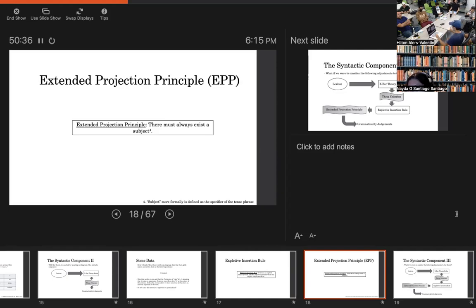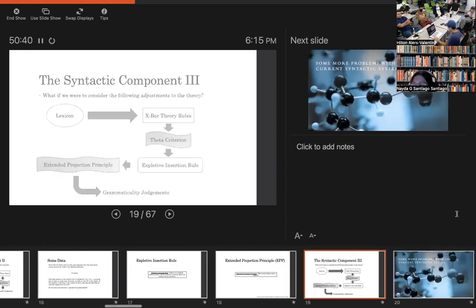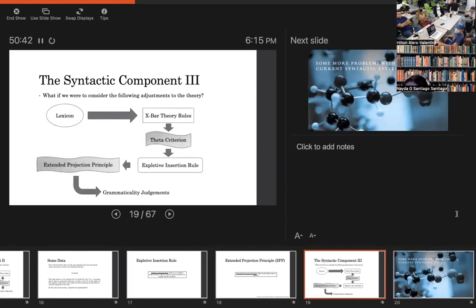So, how is this incorporated into our system? That means we need to update our syntactic system. Here's what we have now. We start with the lexicon. We have all the words. The syntax uses those words along with the X-bar theory rules and makes its structures, right? Those structures are then filtered through the theta criterion, like we mentioned before, with the theta grids and satisfaction.